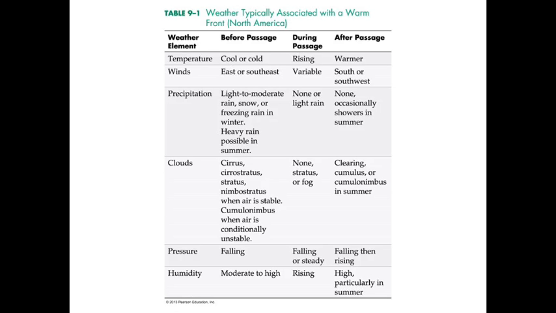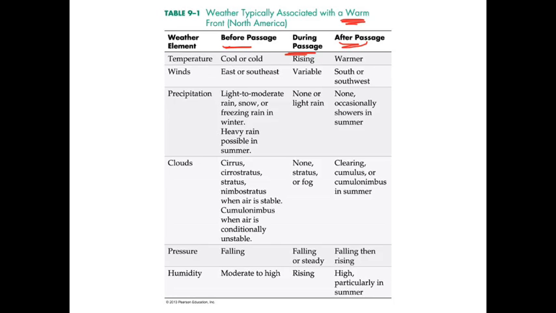So this is kind of a cool little summary. It basically says, this is all associated with a warm air mass on the move to where you are. Basically it says what would happen before your warm air comes, what would happen during the passage of the front, and what would it be like after the passage of the front. So I don't know.